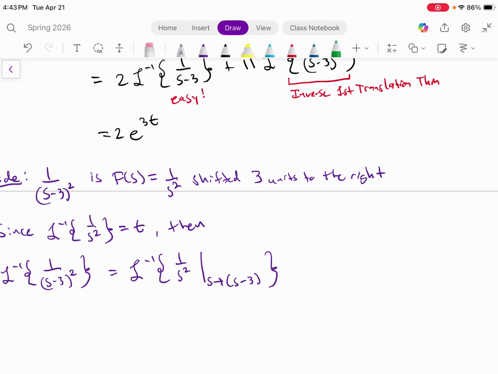Okay, so where am I getting this from? Well, this is the inverse first translation theorem. So I'll just write it right here.